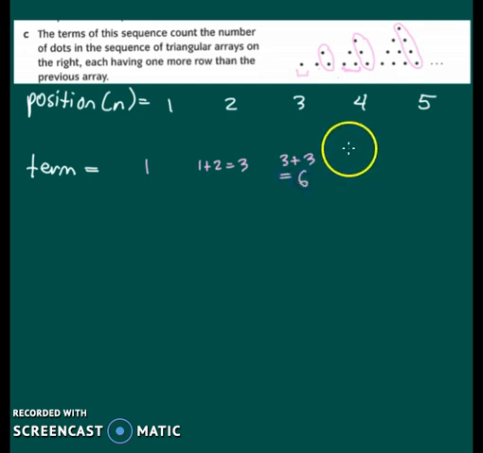For the fourth term, we added 4 dots to the third term, which gives us 10 dots. And in the fifth term, we added 5 dots to the fourth term, which gives us 15. So see that this one always carries over.